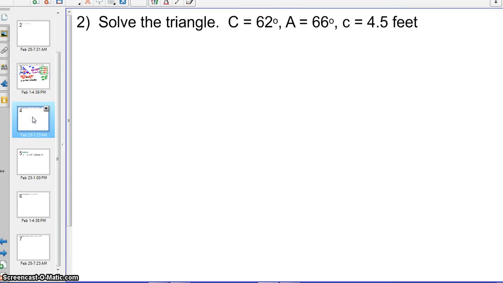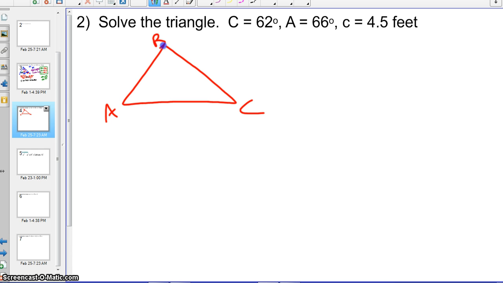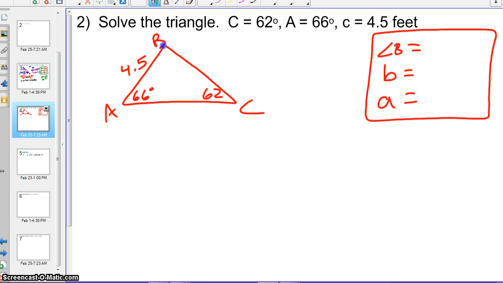You can do the same thing for number 2. First off, draw the triangle. So in this case, we are solving for angle B, we're solving for side B, and we are solving for side A. So for this one, our first ratio that we have, we can set up the sine of 62 divided by 4.5.